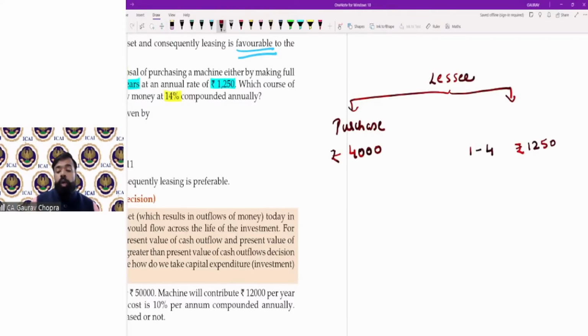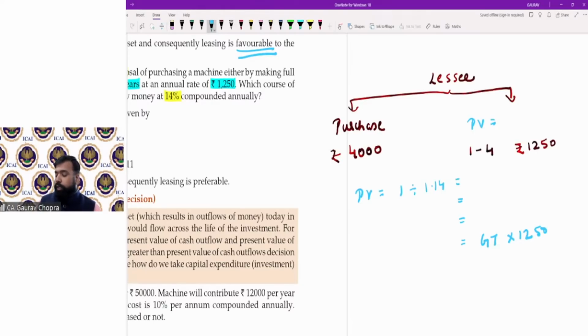Now these two are not comparable at present. कंपेयर करने के लिए आपको प्रेजेंट वैल्यू फाइंड करनी पड़ेगी. So let us calculate the present value. 1 divided by 1.14 press equal to 4 times, then GT multiply by 1250.